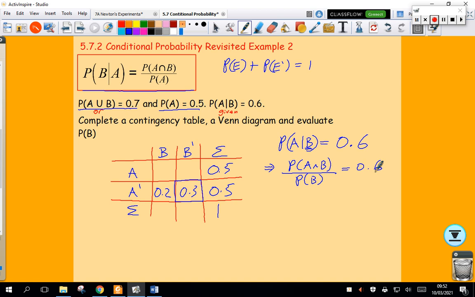So what can I do here? Well, I can solve for one of these probabilities in terms of the other to give me a relationship between the probability of A intersection B and the probability of B. So multiplying on both sides by the probability of B will give me the probability of A intersection B is equal to 0.6 multiplied by the probability of B.